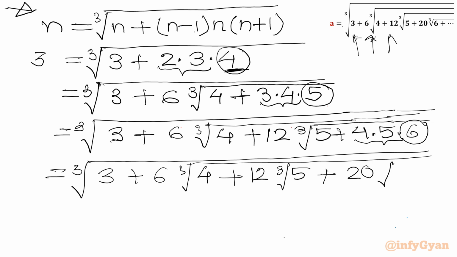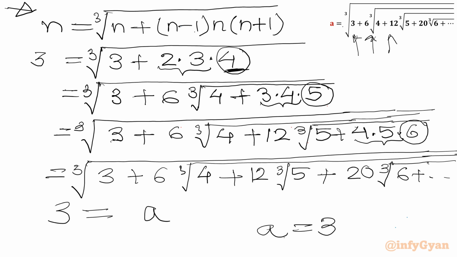So our first number would be 6 inside the cube root, and so on. Now you can see this is our a. Left hand side is 3. So a equal to 3.